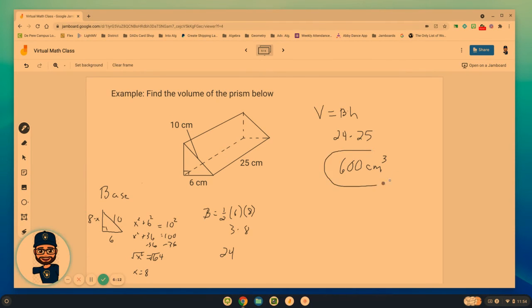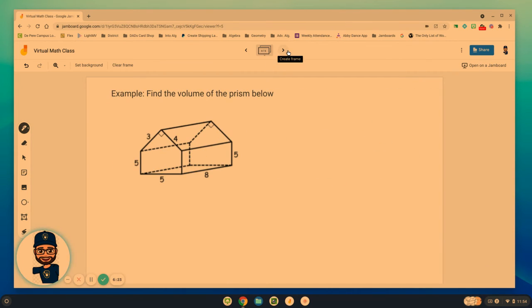So again, we might have to use some of our skills and strategies from earlier to help us think about how to find the area of a base. Case in point, our last example. Find the volume of the prism below. Well, hopefully you notice that the shape is really a pentagonal prism with this pentagon out front.